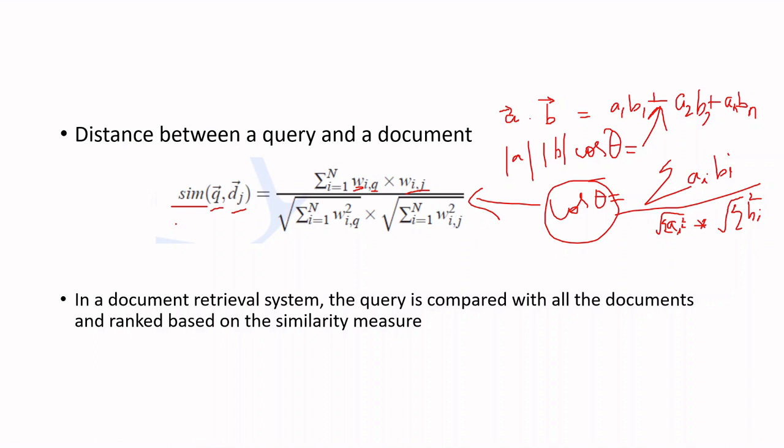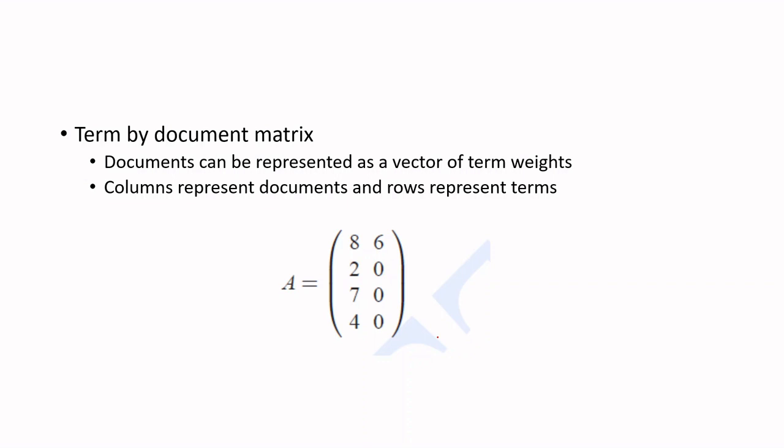Between each query, which is represented as a vector, and the document, which is again represented as a vector, you find the cosine similarity between the query and all the documents present inside our system, and then we rank them based on the cosine similarity. That is what we do. So in a document retrieval system, the query is compared with all the documents and ranked based on the similarity measure. That is the simplest way of explaining information retrieval.